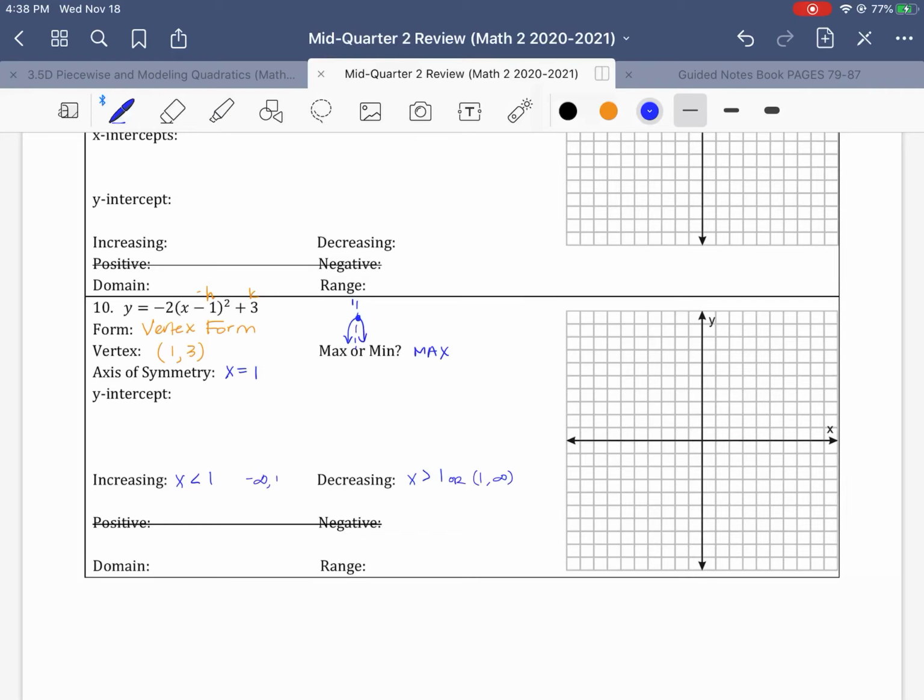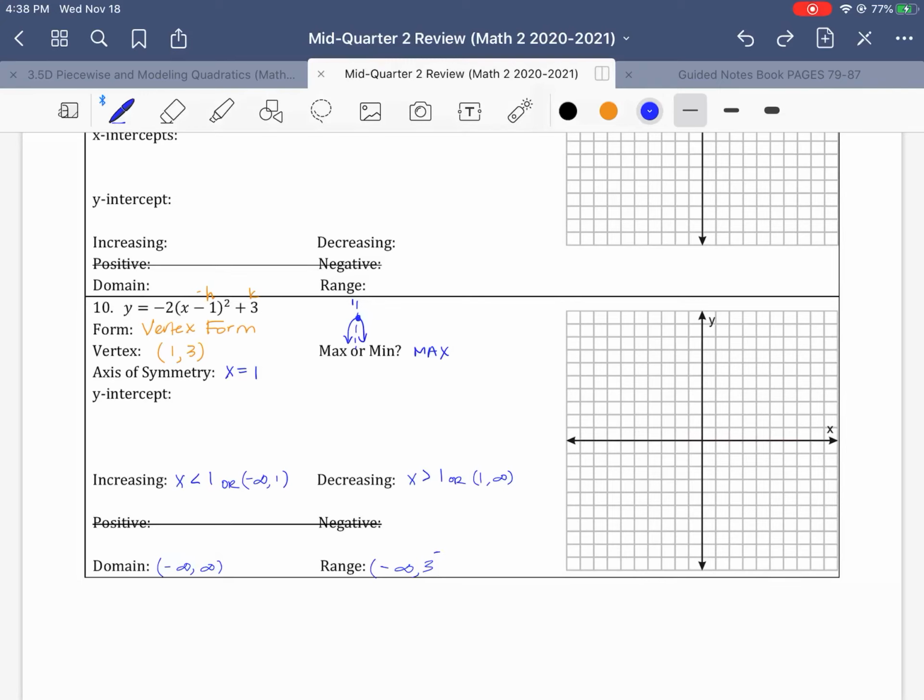You don't need both, just whichever one you're more comfortable with. Both of them will be on your multiple choice questions on your test, and I'll accept both written in for the short answer. Our domain is always negative infinity to infinity. And then again, our range, if this one's opening down, comes from negative infinity and will stop at the y value of the vertex. So we're going to use that 3 right there.